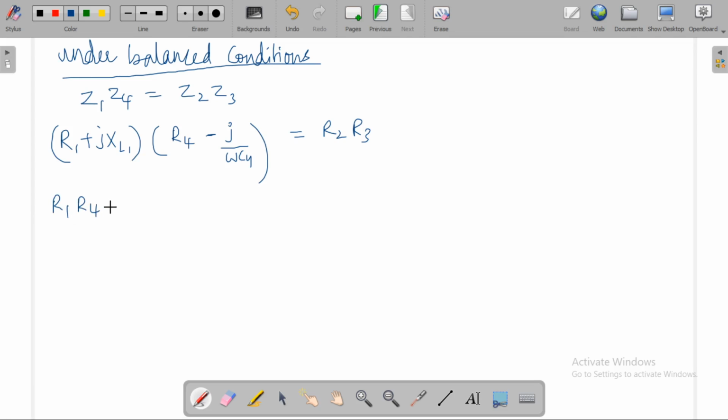Then R1 R4 minus j R1 by omega C4 plus j R4 omega L1, where XL1 is nothing but omega L1, minus of j square, which is plus since j square is minus 1, so minus of minus is plus j omega L1 by omega C4, is equal to R2 R3.